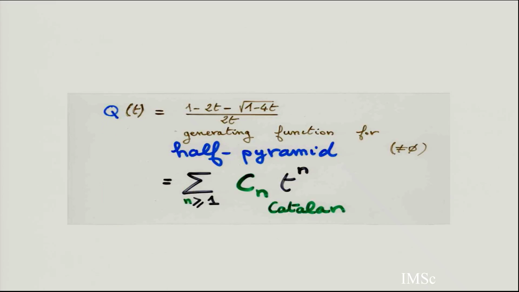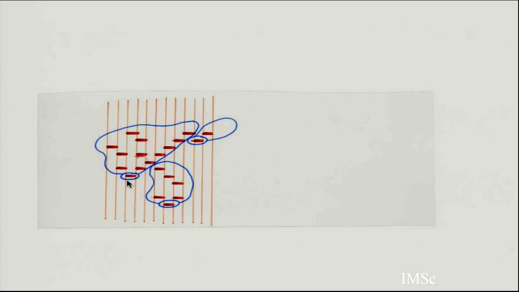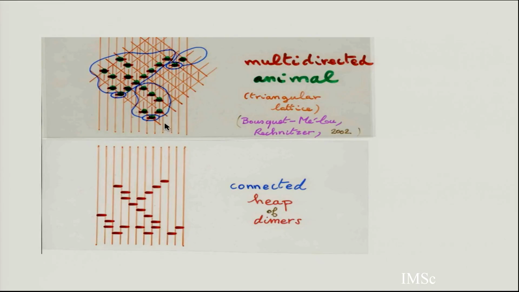Source points are all the minimal points in the heap. You take the leftmost minimal element, then what remains, the second one, and the third one, I think. And then you transform this into a directed animal.